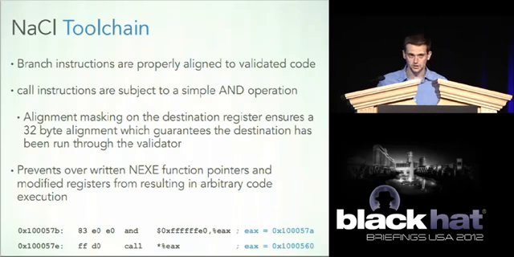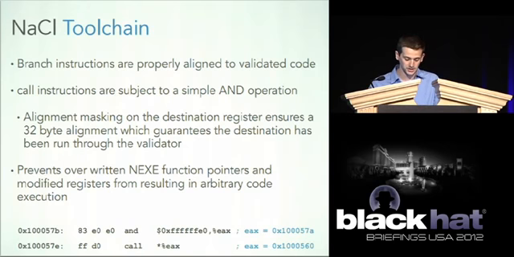Branch instructions always have to be properly aligned to validated code. So if you have a jump to an absolute address, the service runtime is going to make sure that address is always 32-byte aligned. And the NACL toolchain will make sure that any jumps that are ever emitted into a Nexi binary will always land in a 32-byte aligned address.